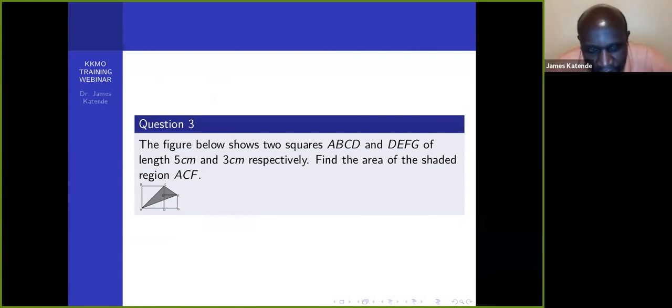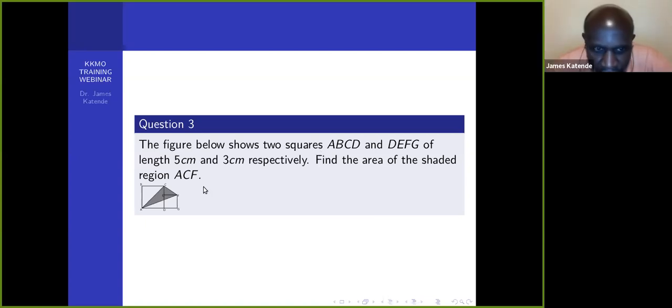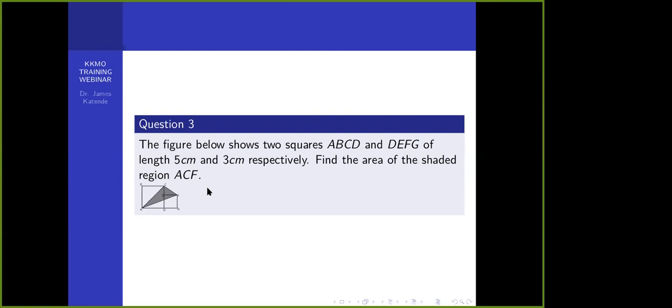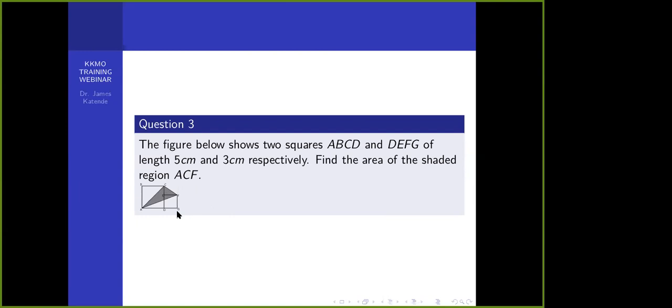Okay, so I'd say that you add another vertex on the top right side so that you have a complete rectangle. And then from there, you'll just subtract the... there you'll see that there'll be 3 right angles. So it's easier to compute the area of the right angles. So you'll subtract the area of the triangles from the larger rectangle.